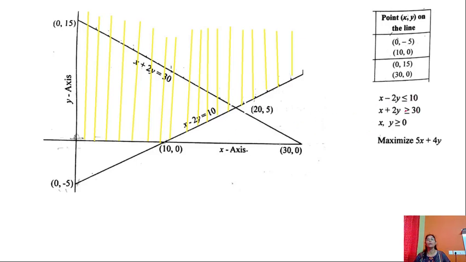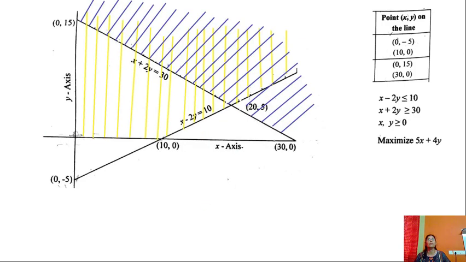And the second equation is greater than equal to 30. So the blue line shows the region which is greater than equal to 30 for the equation x plus 2y greater than equal to 30.